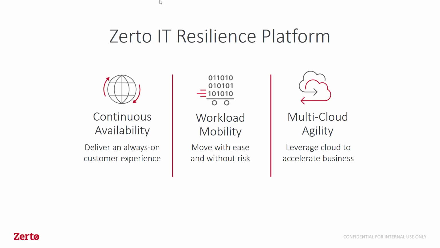Two is the workload mobility, when you're doing migrations and consolidations, to ensure that you can move your application and data workloads confidently and at ease, without risk, and be 100% protected along the way. Multi-cloud agility is about leveraging cloud to accelerate your business growth and truly take advantage of what the cloud can offer you, giving you freedom to move to, from, and between clouds.